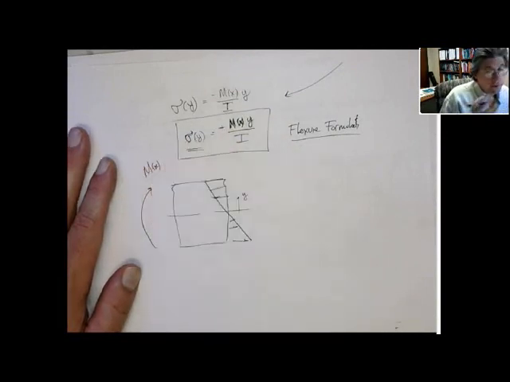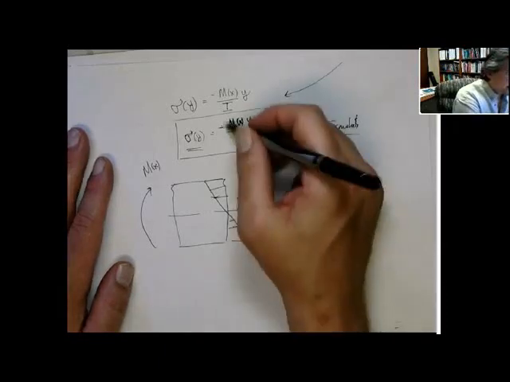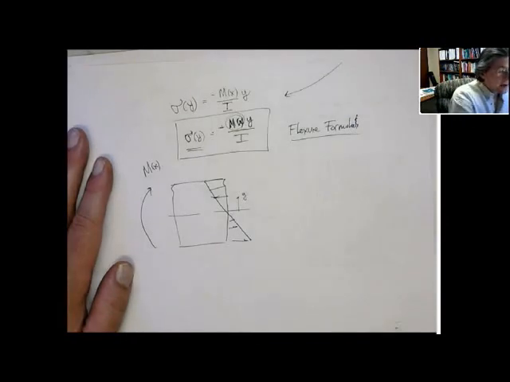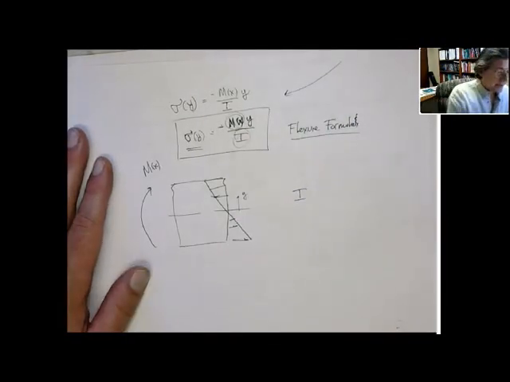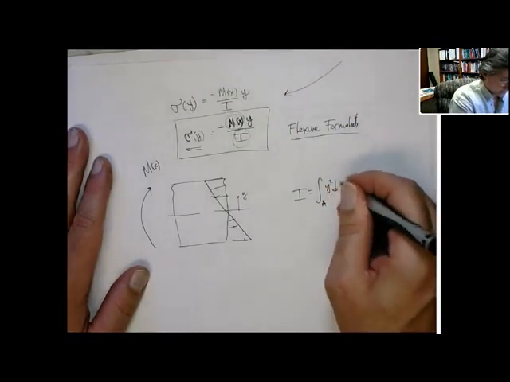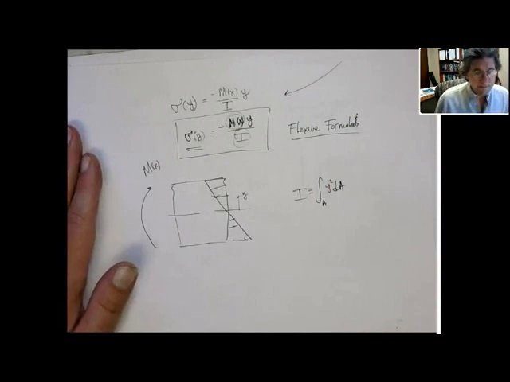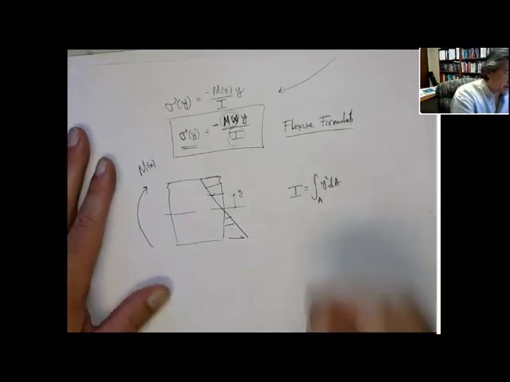Okay, so if you know the internal bending moment from, say, a bending moment diagram, right? That goes in here. And then if you know I, which you can compute, that's the integral over the cross-sectional area of y squared dA. I'll do another video where we actually compute that for some standard shapes like a rectangle.